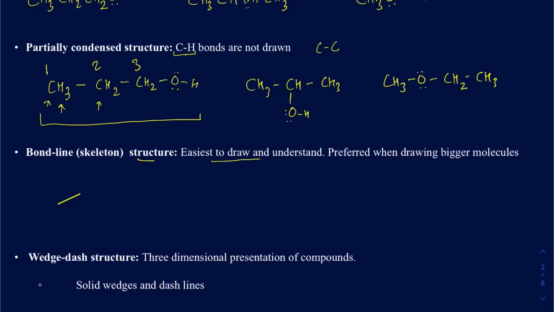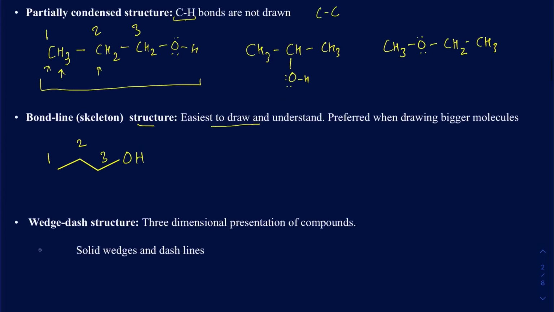So this is the first carbon right there, and wherever the edge ends is going to be our second carbon. But then I do need another carbon right after this second carbon, so I'll show that at an angle. So this is your third carbon, and after the third carbon you have this OH group. So this OH group will be written out. You don't write any hydrogens on the carbons, but you will write hydrogens on the heteroatoms such as oxygen, nitrogen, sulfur, and stuff like those.